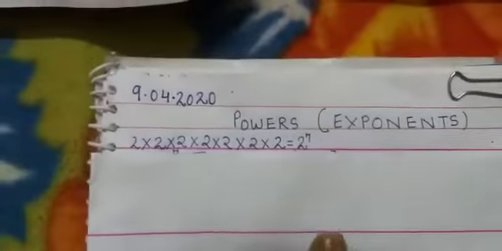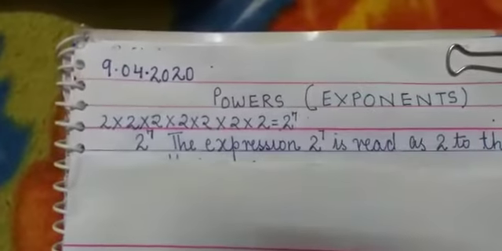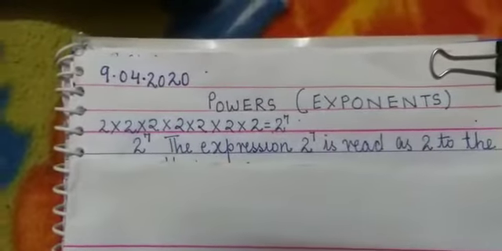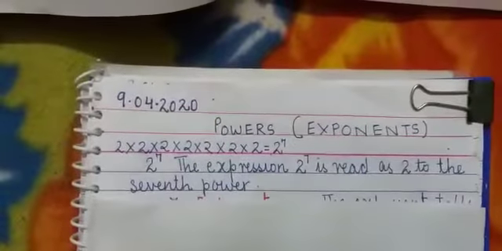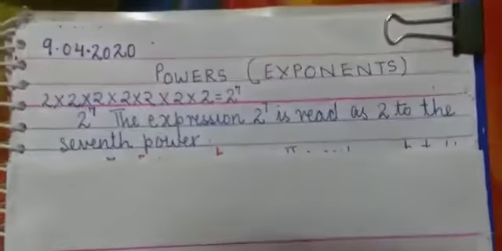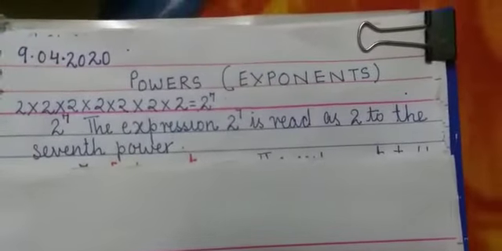So the expression 2 to the power 7, how is it read? It is read as 2 to the 7th power. You all know this, right?